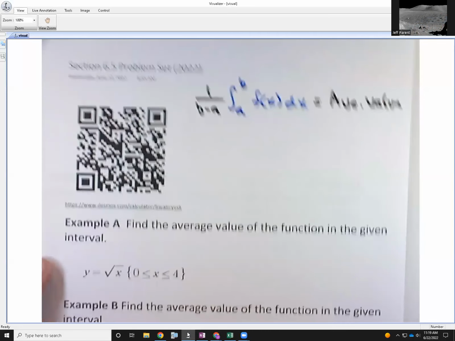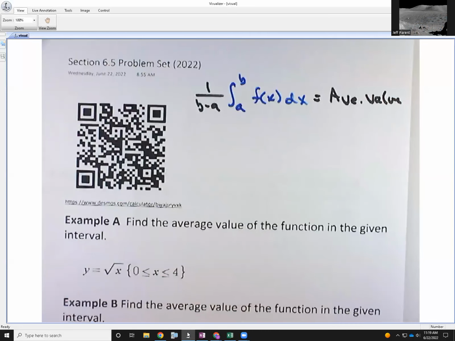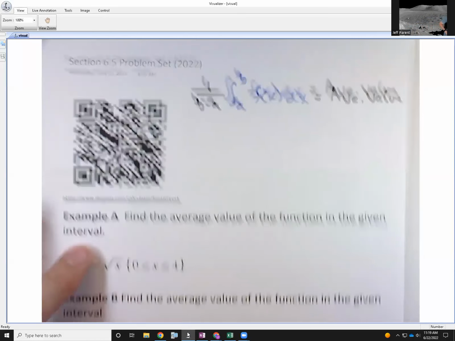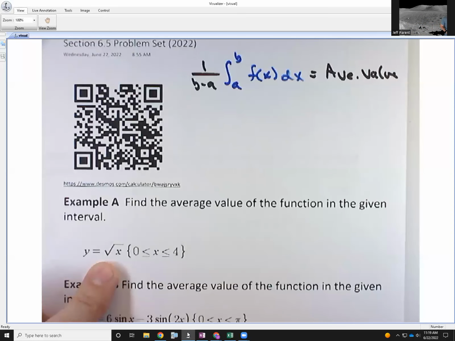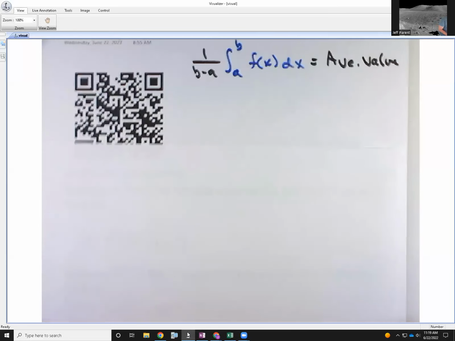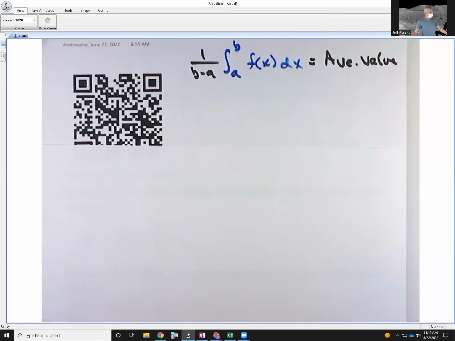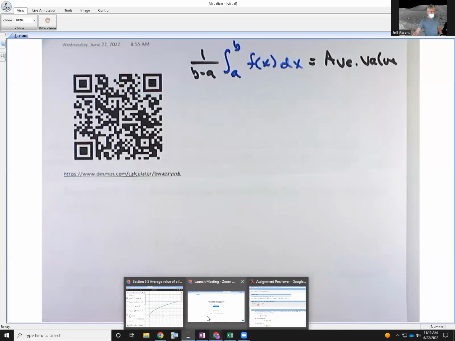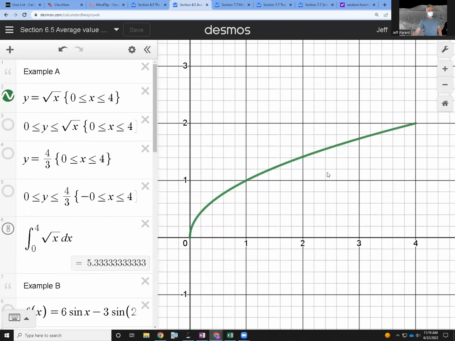Okay, so let's practice with this a little bit. We'll start with this one. I want to find the average value of the square root of x on the interval 0 to 4. So, okay, let's do that. And I've got a nice little Desmos link here that you can look up as well. So that's this function right here.